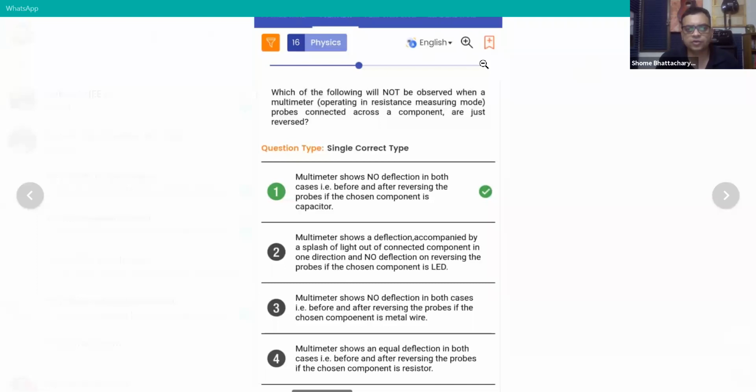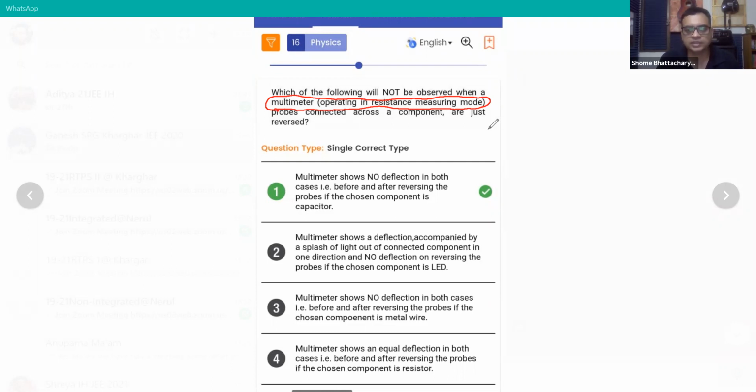So which of the following will not be observed? We have to see when a multimeter operating in resistance measuring mode is connected, basically what it does, it applies some voltage across the component and measures the ratio of voltage to current.